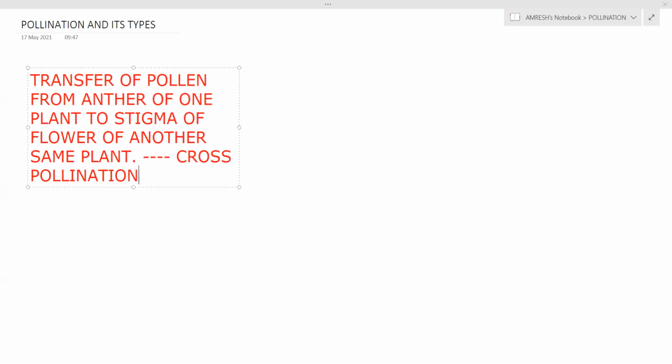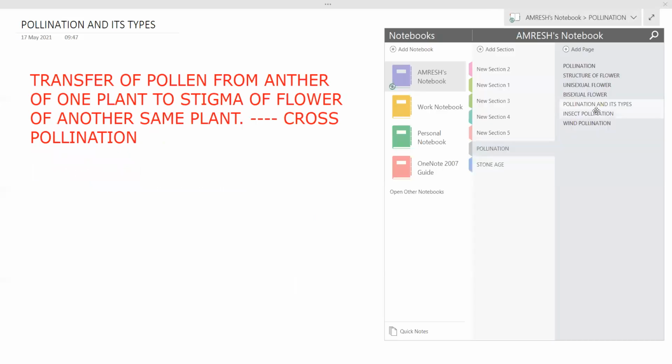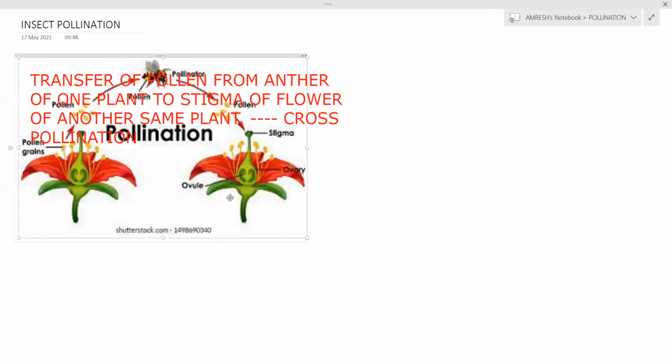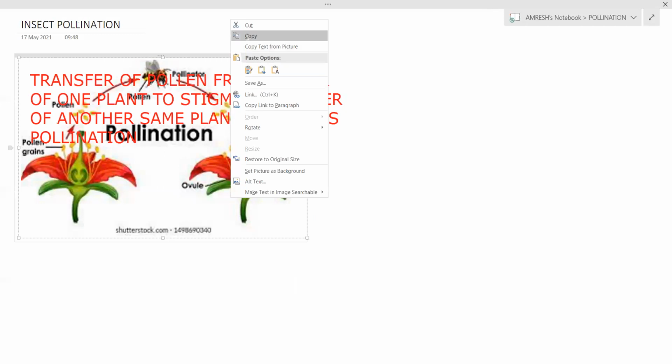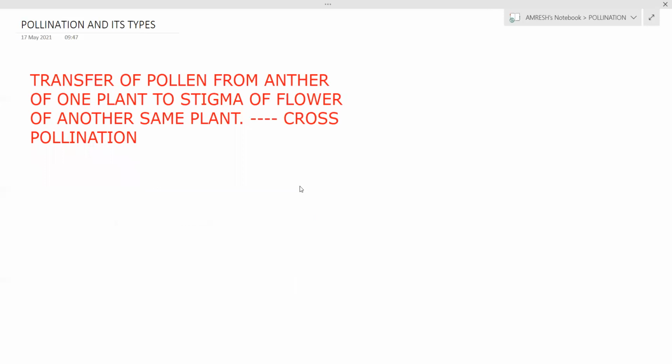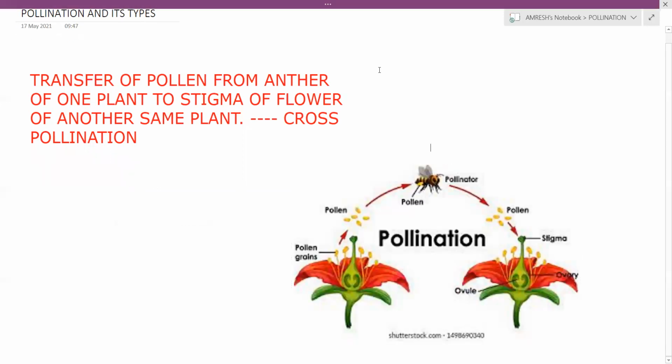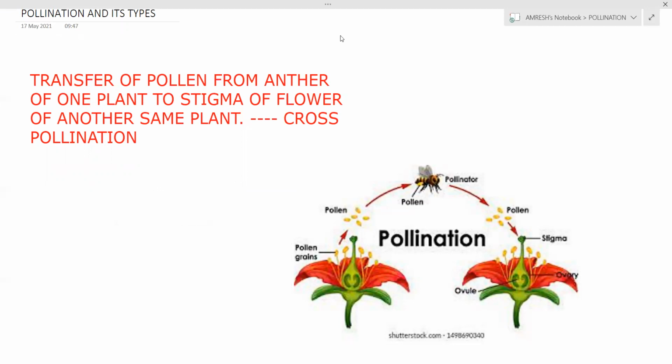Cross pollination is the transfer of pollen from the anther of one plant to the stigma of another plant. Suppose we have two different plants, plant one and plant two.